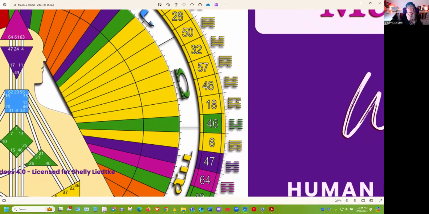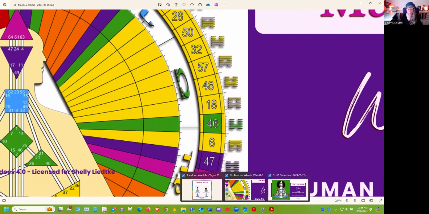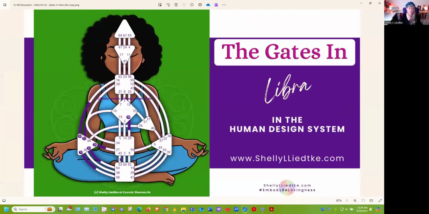Now with gate 18, the big thing is that criticizing and judgments can come in. And notice it's in the collective circuitry as well. The collective circuitry has to do with all these little channels on the outside of the body graph that have to do with society, like out in public, and things that affect people out in public.